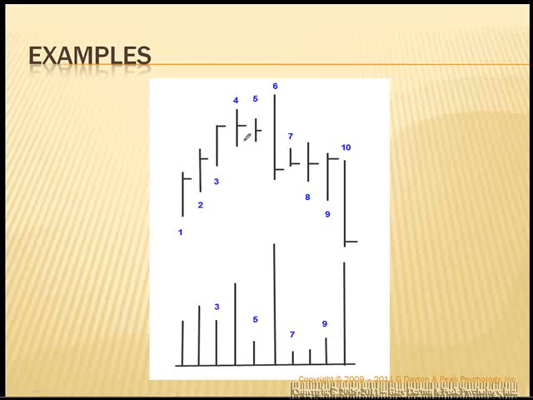In VSA, they often talk about test bars, but testing after the market's been moving up quite a bit like this is probably not the best place to be thinking about that. Here's the way I would look at this market. We've been moving up. As we came up to bar number 3, volume dropped off, suggesting although price closed firm, there was less fuel, less effort behind that closing.